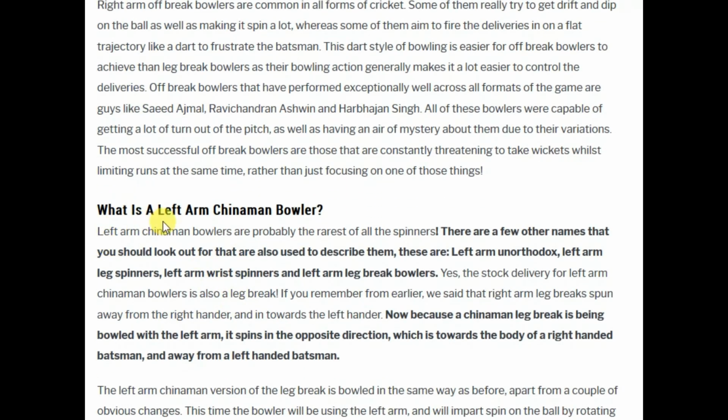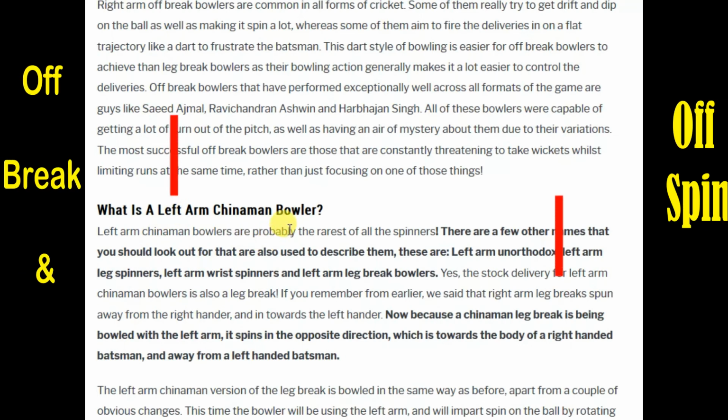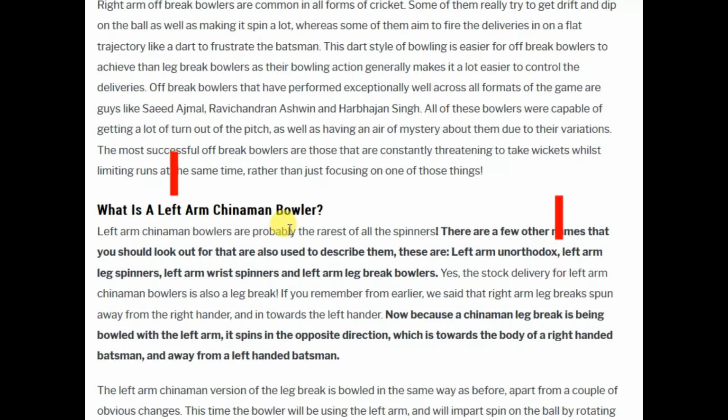Now come to the left-arm Chinaman bowler. This is one of the most difficult types of bowling, which is bowled by only a few bowlers in the world. There are a few other names that you should know, like left-arm unorthodox, left-arm leg spinner, left-arm wrist spinner and left-arm leg break bowler.